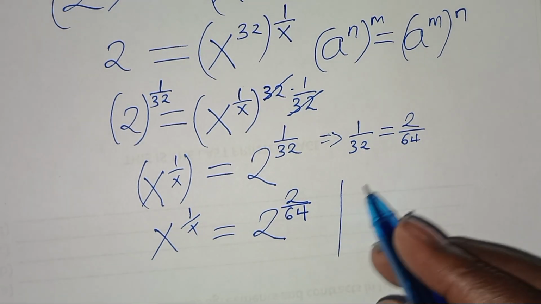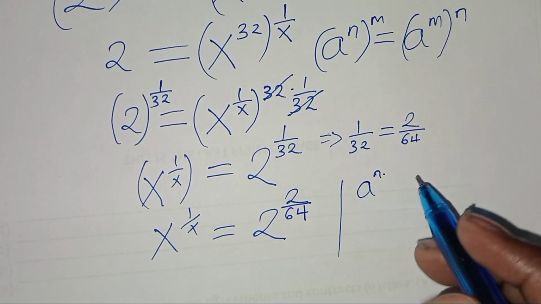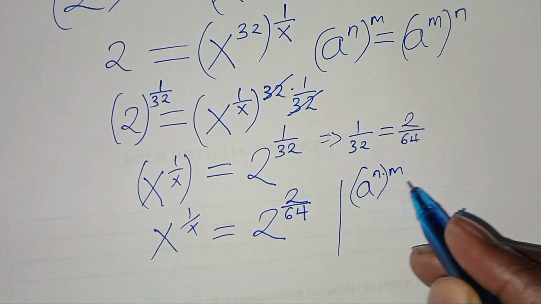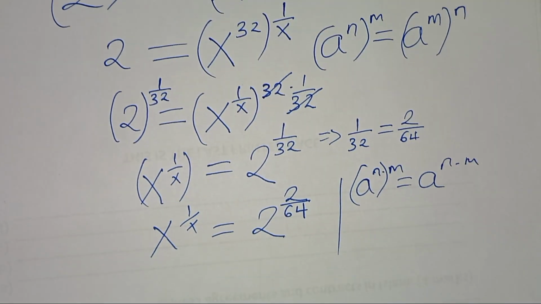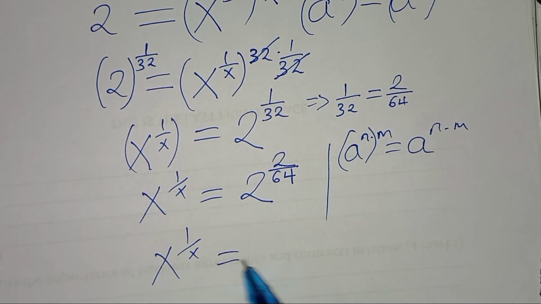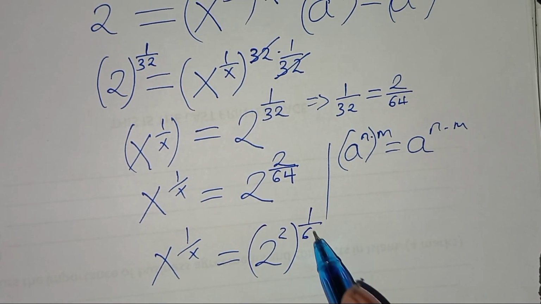Now again, if you have a to the power n multiplied by m, this can be expressed as a to the power n raised to the power m. So we have x to the power 1 over x equal to 2 to the power 2 raised to the power 1 over 64.